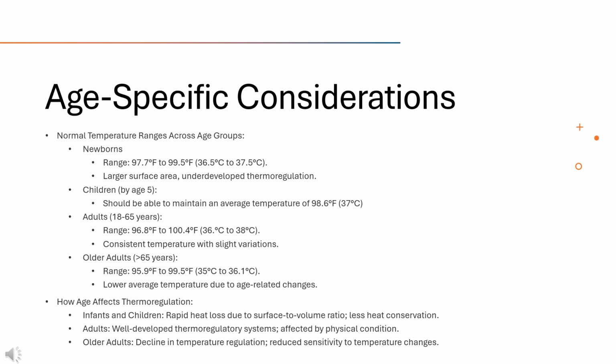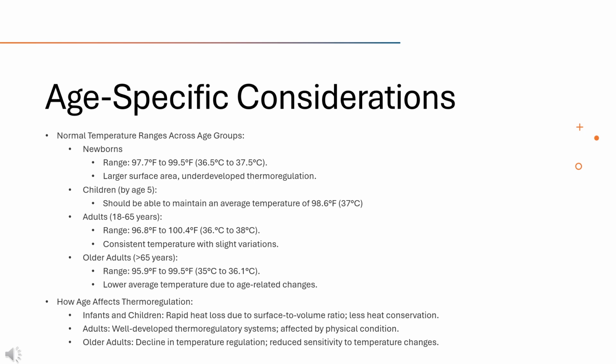So again, young kids and infants lose heat quickly because of their larger surface area to volume ratio, and they also have less body fat to retain heat. Their systems for sweating and shivering are still developing, which makes their response to temperature changes less efficient than in adults. Adults have a robust ability to regulate their body temperature through sweating, dilation of blood vessels, and shivering.